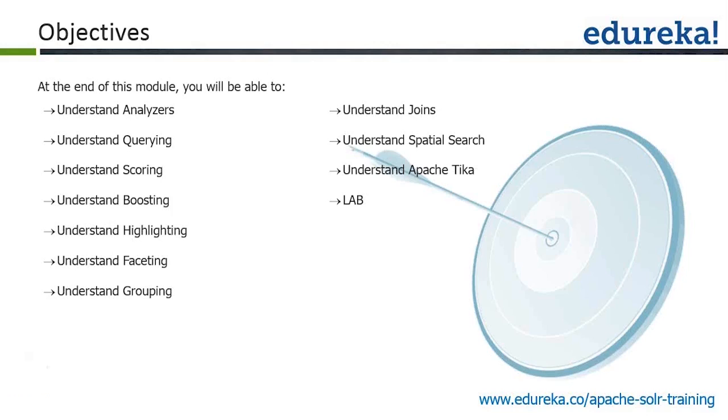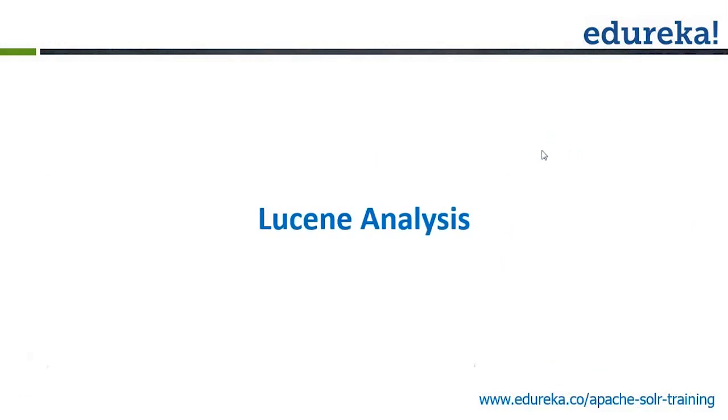Then we'll try out and understand all the different querying techniques or query types, and we will use both the API as well as the query syntax to do some lab sessions on that. We'll also try to understand what is boosting, what is scoring, and then we'll address all the advanced concepts like highlighting, faceting, joins, spatial search and so on.